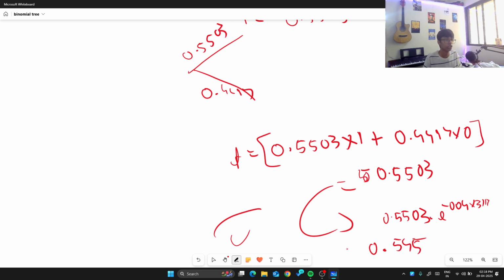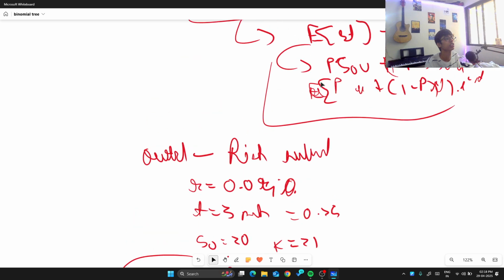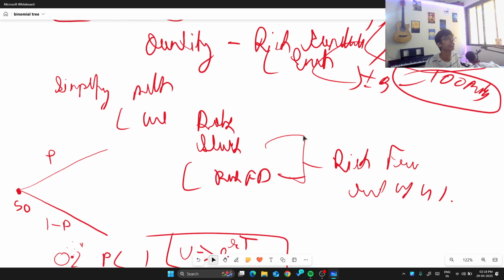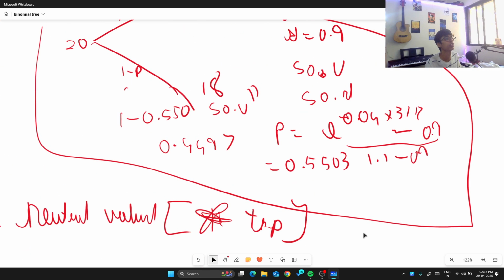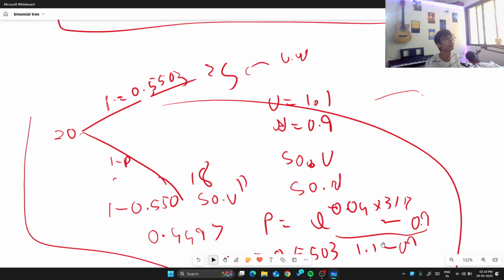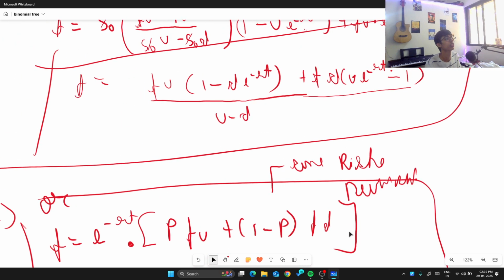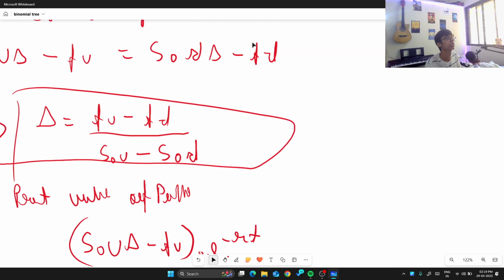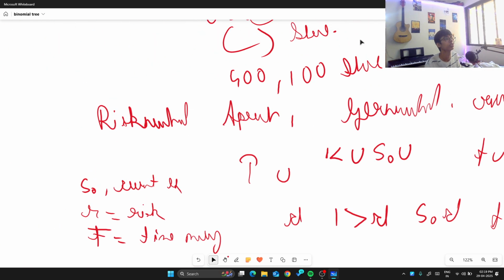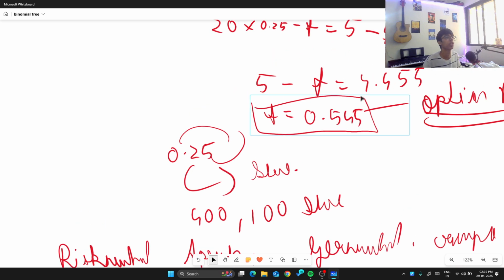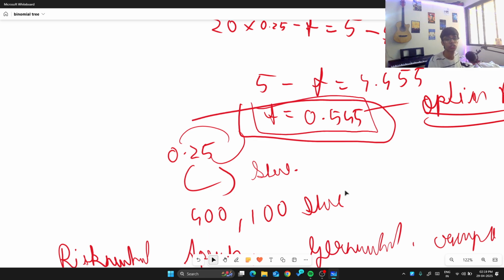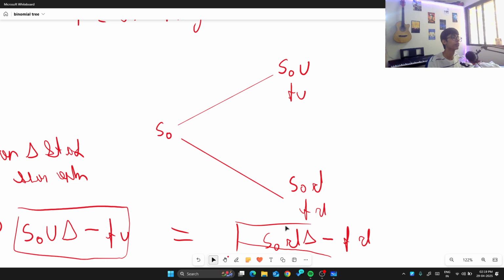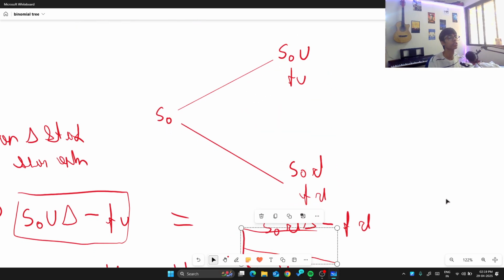So we got 0.545 with the risk neutral approach, and we got the same answer, let me show you, 0.545 with the arbitrage method. So both methods got us the same answer.